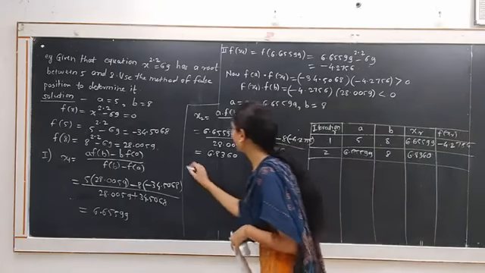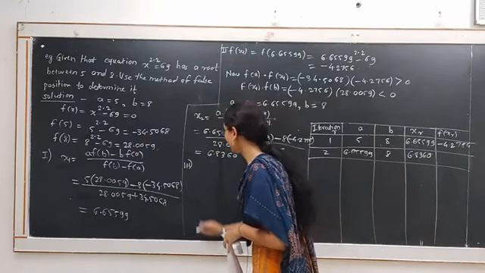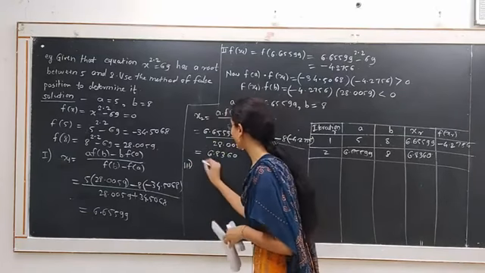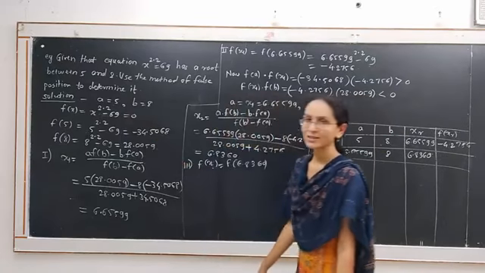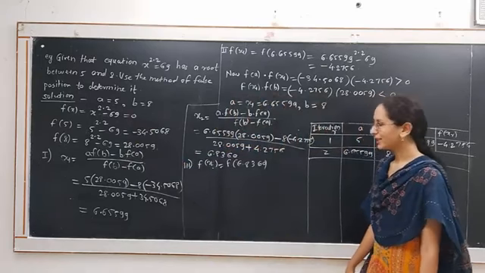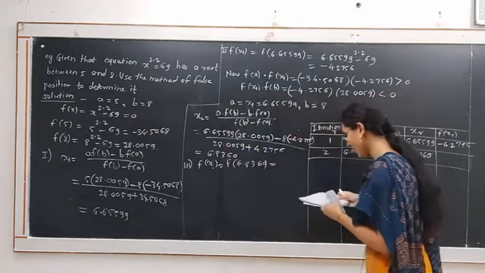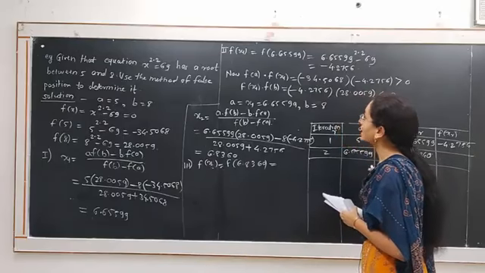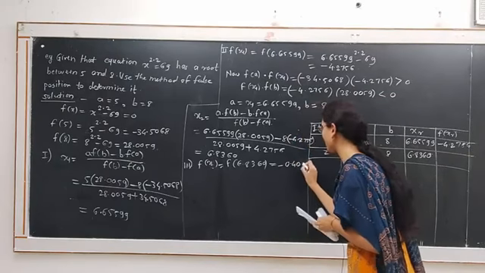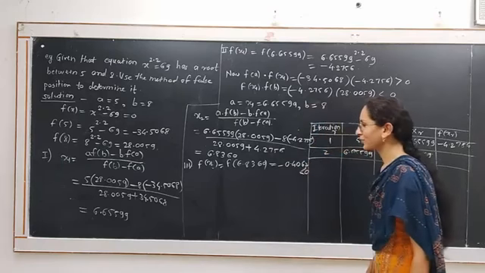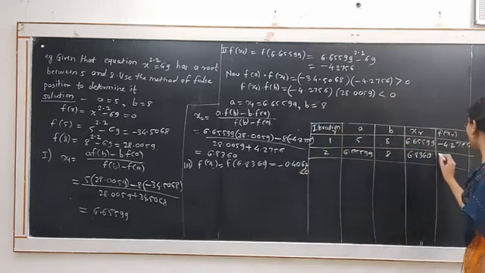Third iteration: f of x2 is equal to f of 6.8360. We substitute x equal to 6.8360 in this equation, x raised to 2.2 minus 69 equal to 0. Then we will get this value as minus 0.4062, which is less than 0. So f of x2 is minus 0.4062.